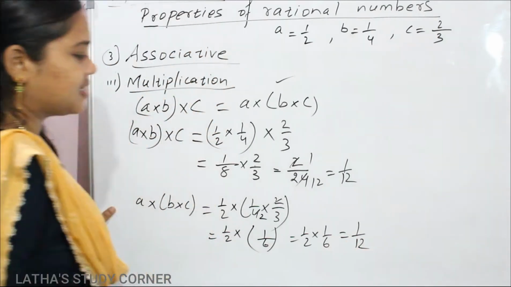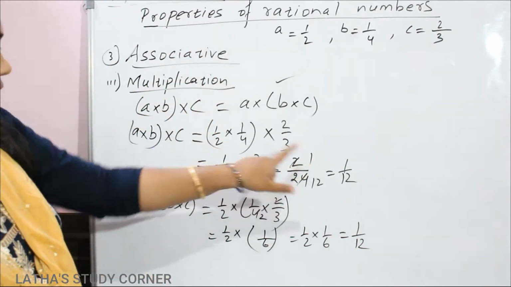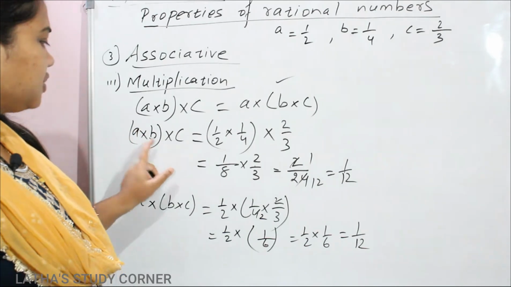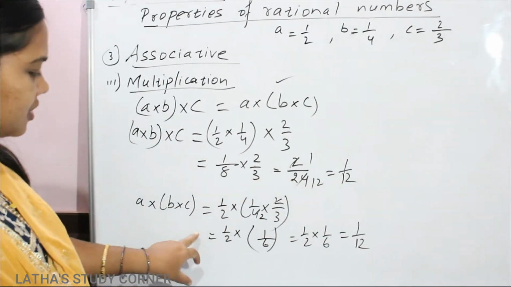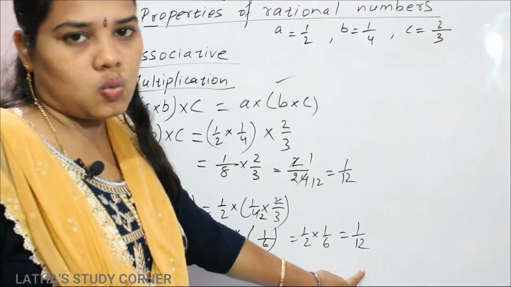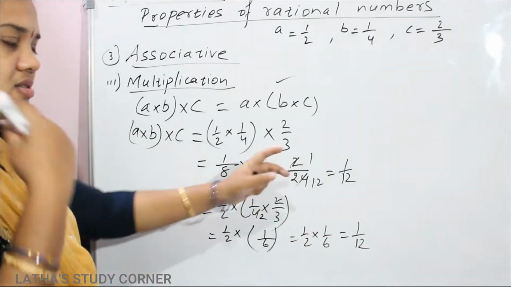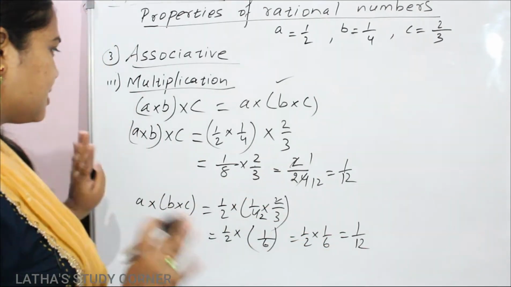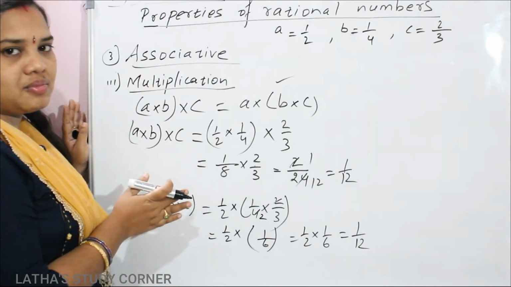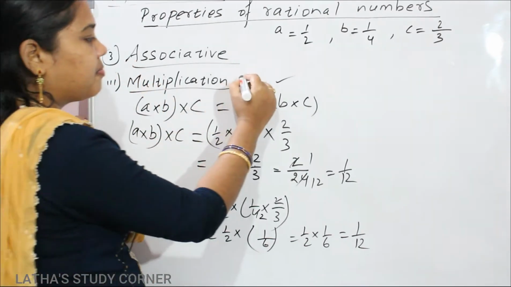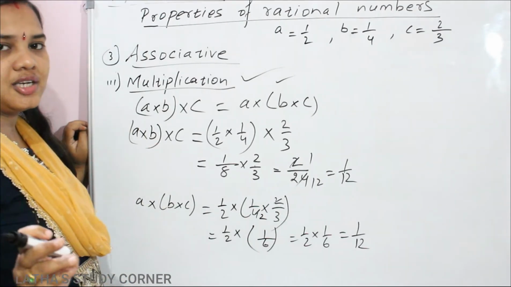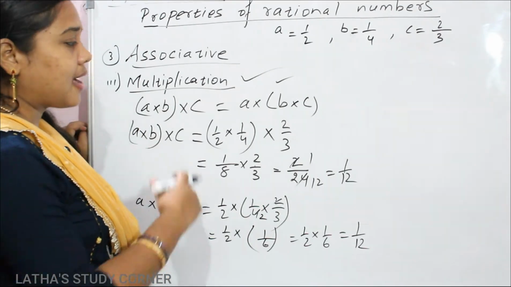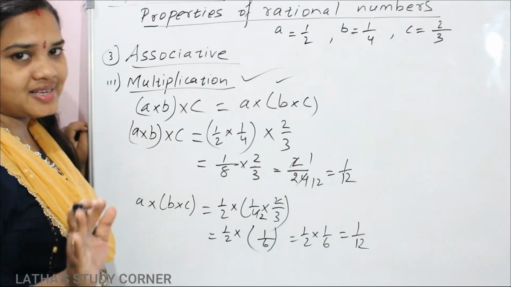So here you can see, children, the product (A into B) into C is 1 by 12, and A into (B into C) is also 1 by 12. Here LHS is equal to RHS. So you can see here rational numbers are associative under multiplication. What we concluded: rational numbers are associative under addition and multiplication but not under subtraction.